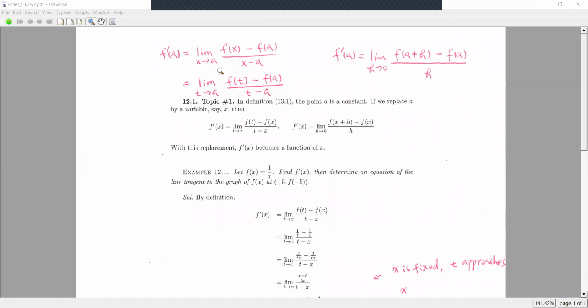Because this equation already has the variable x, before we replace the point A by x, we need to change x to some other letter, say to t. Now, in this limit, replace A by x, then we have this equation.